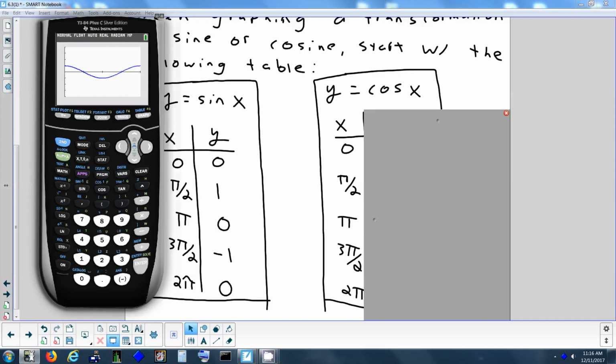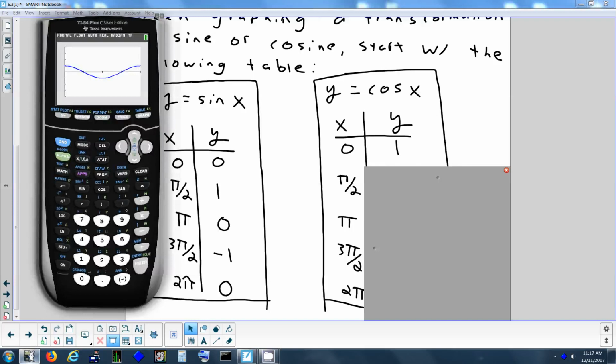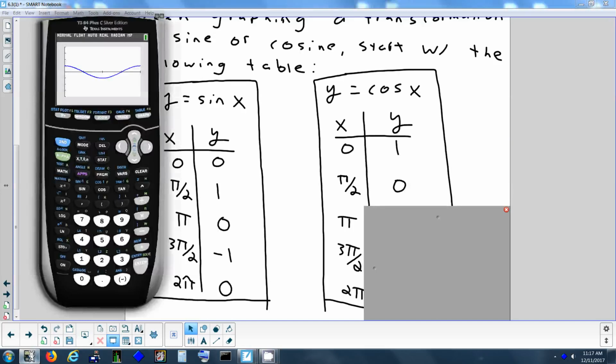Okay, it would continue. Right, what does it look like the y value is when x is 0? Yeah, when x is 0, we're starting up at 1. Okay, how about a quarter of the way through the period? 0. Pi over 2, we're at 0.